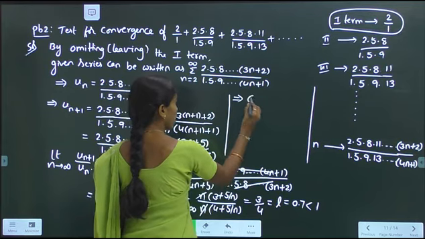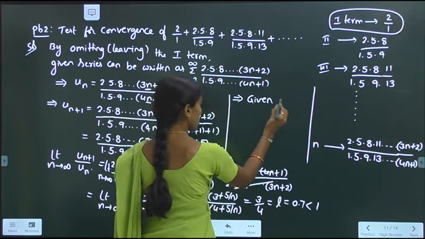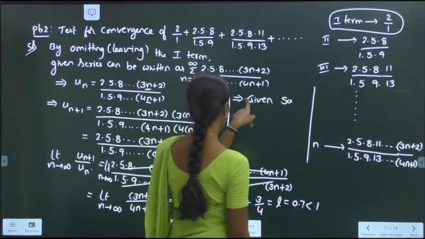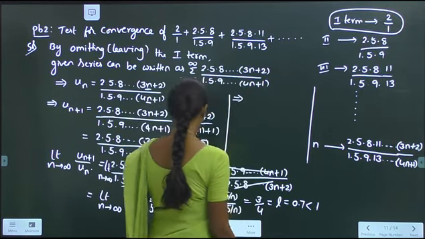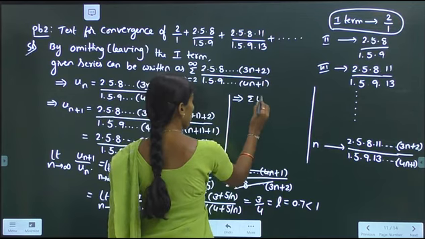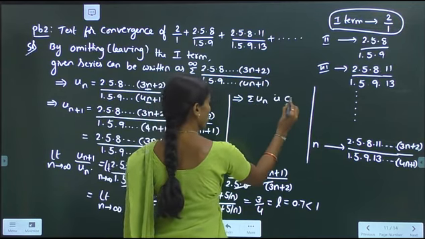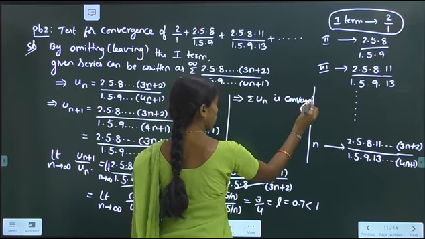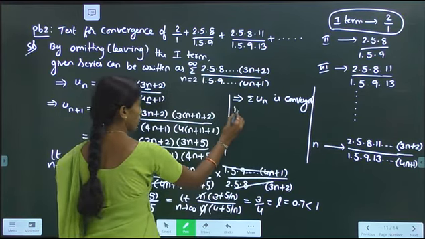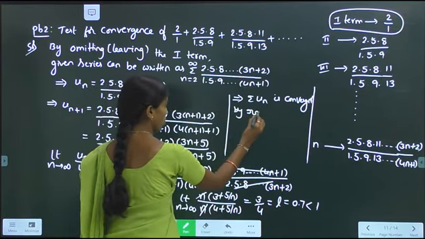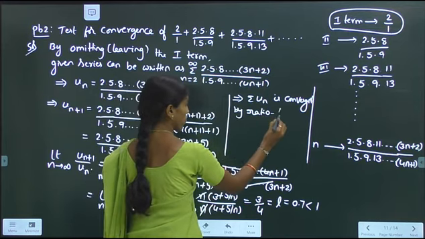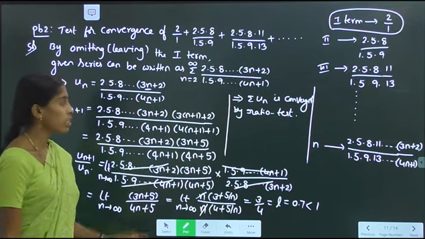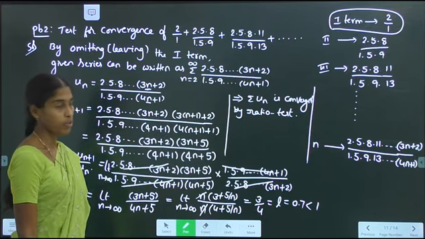Implies given series sigma un is convergent by using ratio test.